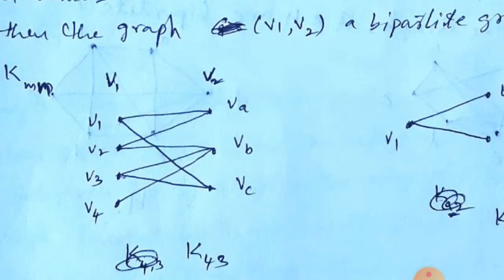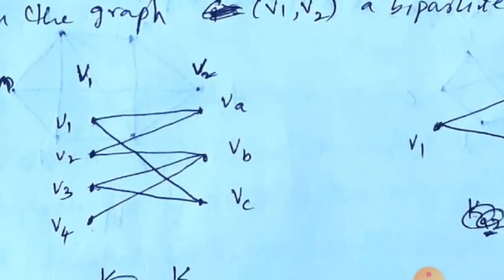Now observe there is an edge from v1 to VA, VB or VC. Now v1, v2, v3, v4 are not adjacent to each other. Similarly, in the same set the vertices are not adjacent. In V2 also VA, VB, VC are not adjacent.